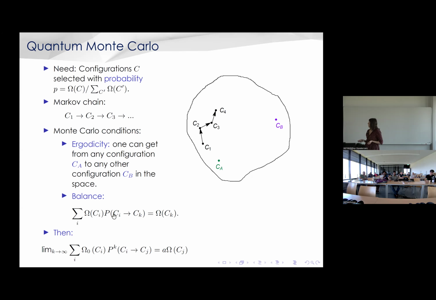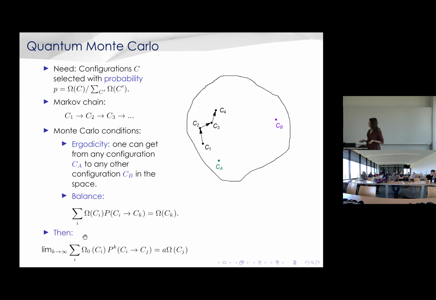Basically, this P you could then write as a matrix, and the correct weights according to configurations are like an eigenvector of this matrix with eigenvalue of 1. And if it's ergodic, all the other eigenvalues are less than 1.